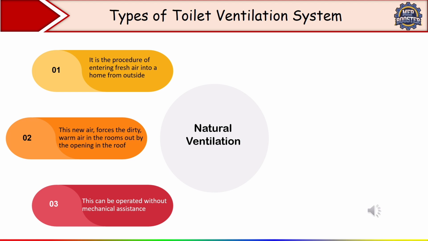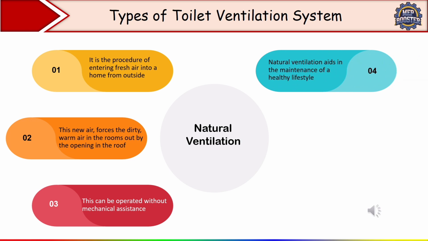So in the natural ventilation system, we do not require any mechanical equipment, just like a fan, to force air from outside to inside or from inside to outside. That is why it is written that this ventilation can be operated without mechanical assistance.